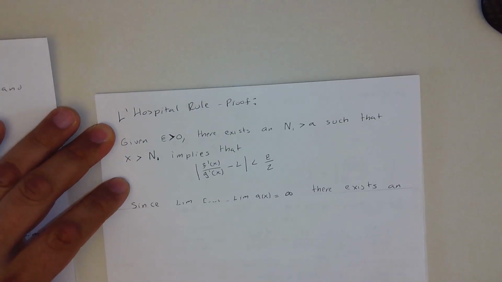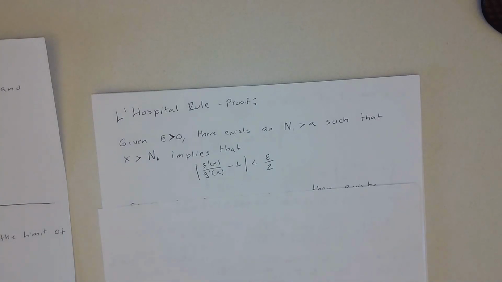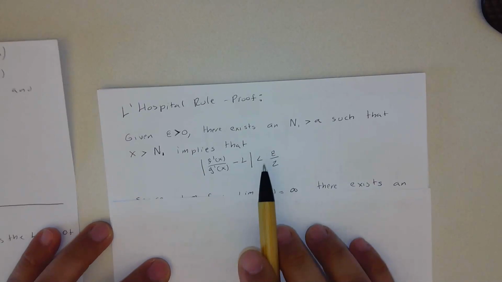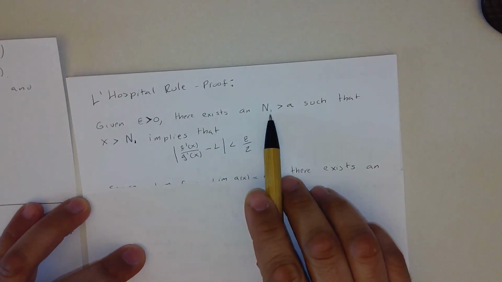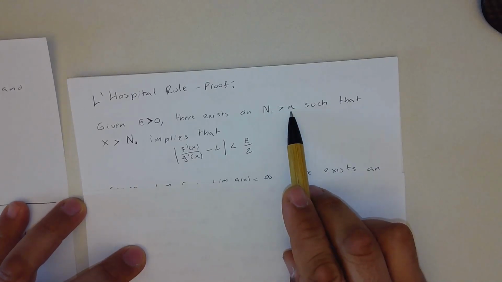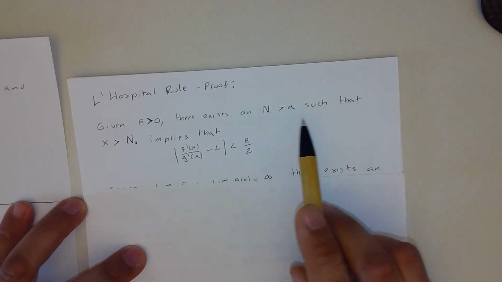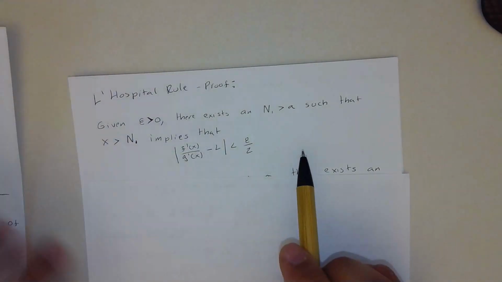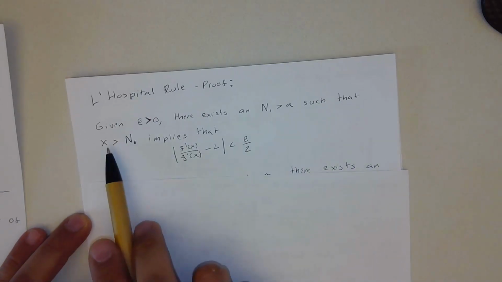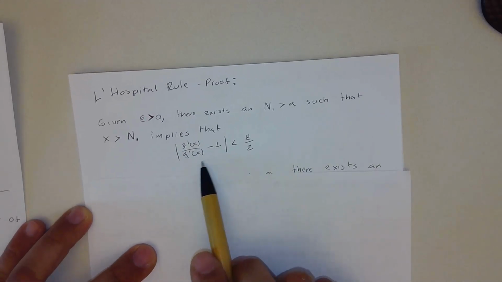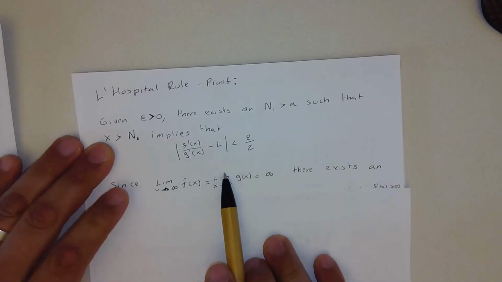This is basically how it starts. Given epsilon greater than 0, there exists a number n1, because we will have many n's here, greater than a, so it will be in the open interval that we were saying, such that for every x greater than n1 we will have this.